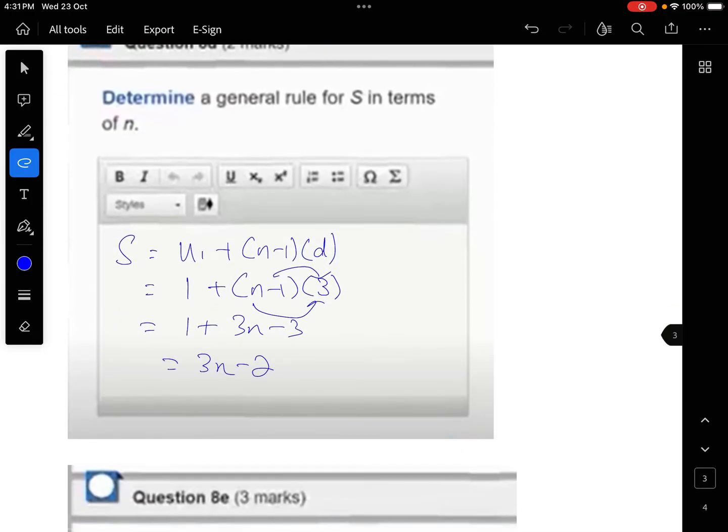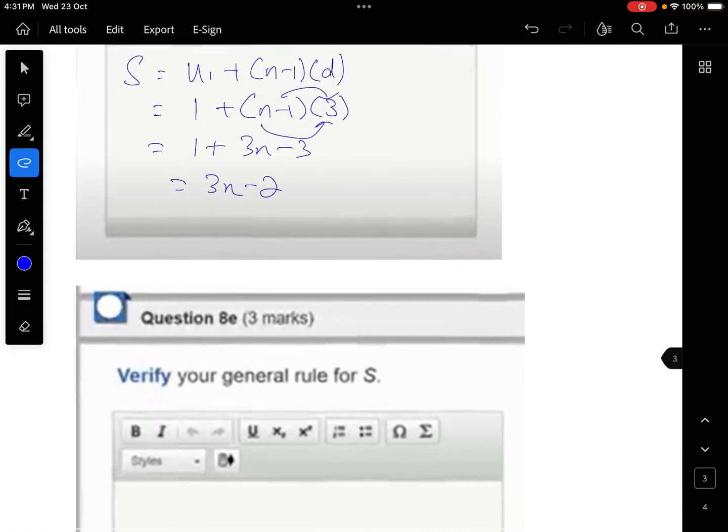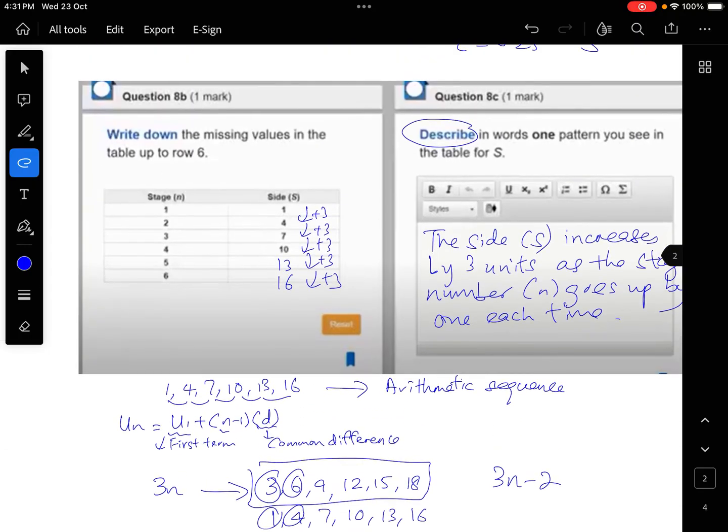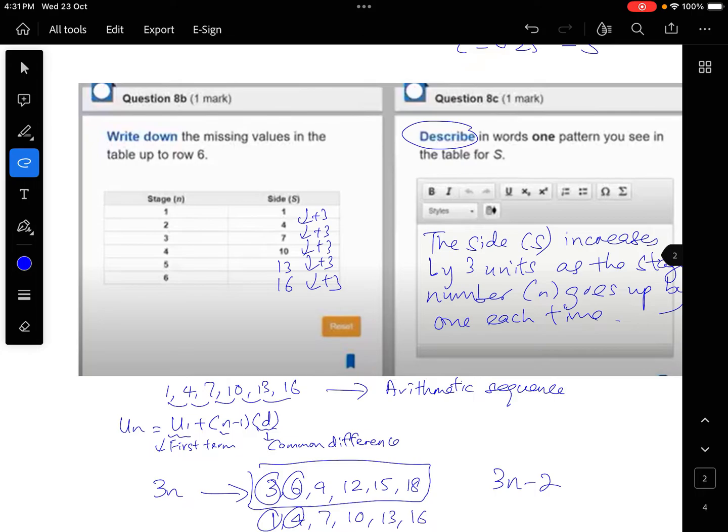We got our general rule for S for question 8D. Again, we're going to move on to question 8E that says verify. When you verify your general rule, you're basically trying to provide evidence. But when you provide evidence to show that the general rule actually works, you would like to do something that is beyond what is given to you.